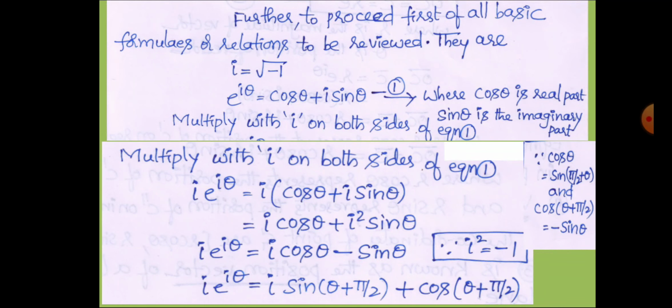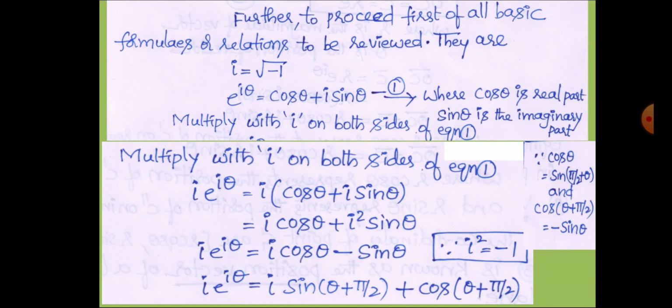Further, to proceed, first of all, the basic formulas or relations which we have already come across, let us recall them. One is, as you know, i square is equal to minus 1, or i is equal to root of minus 1.